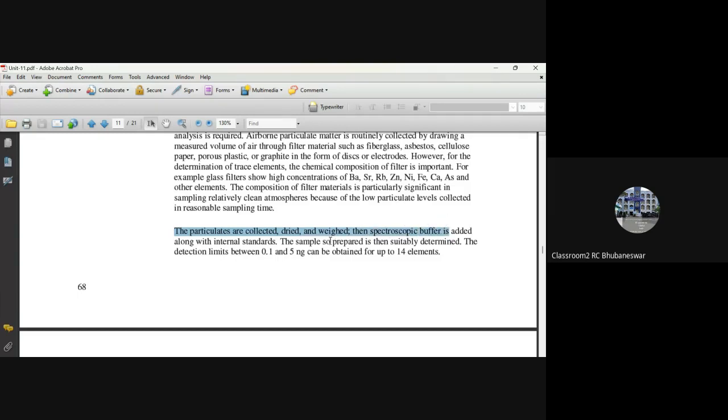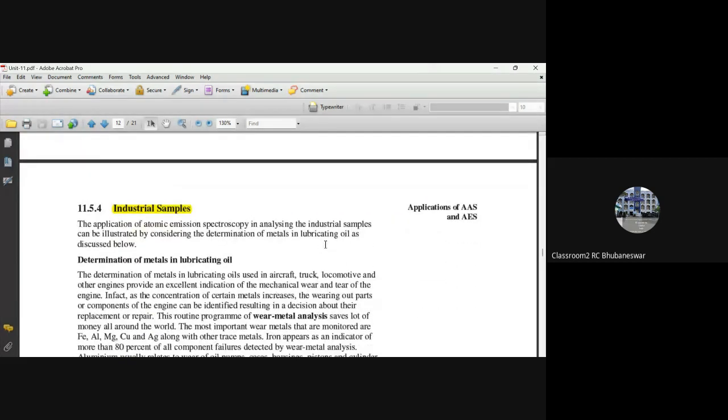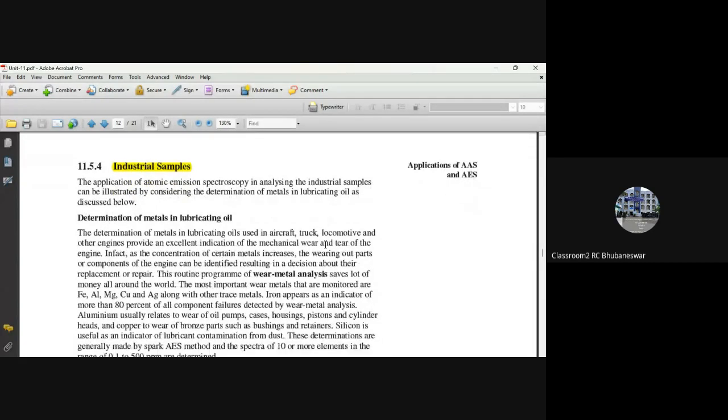Then only you can go for this kind of study. We call it pre-treatment before moving further, because biological samples and these samples are complex in nature and have various things in them. If we do pre-treatment, then we get better results.